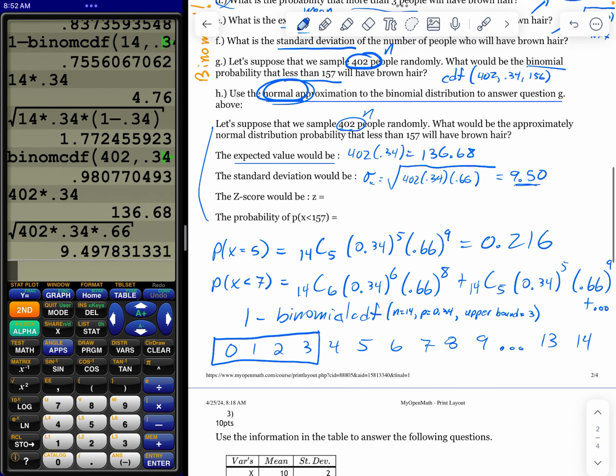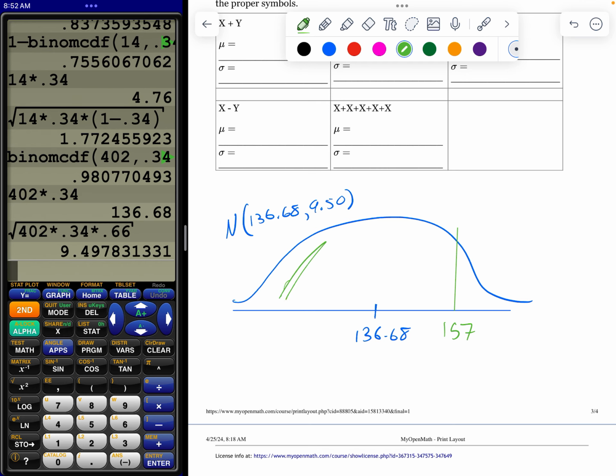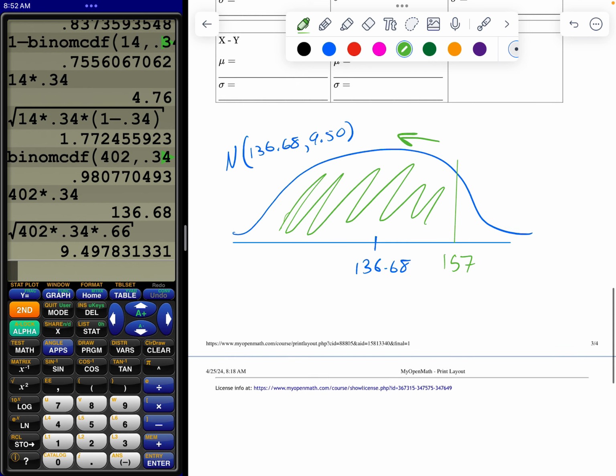And now I say, what's the z-score for less than 157? So 157 on this curve is above the mean. It's over here somewhere. I'm just estimating it, right? And I want to get this probability that it's less than 157. So what's the z-score?